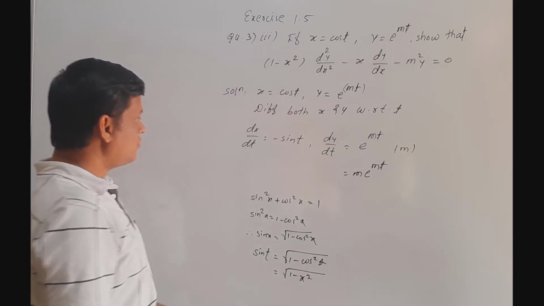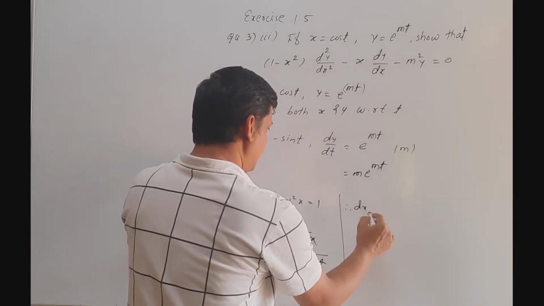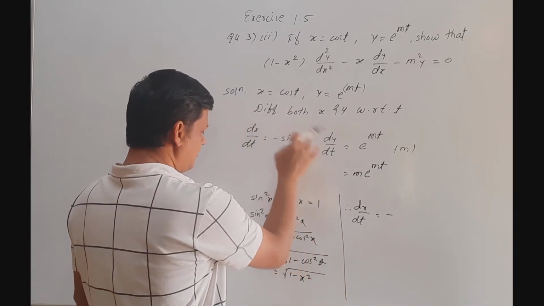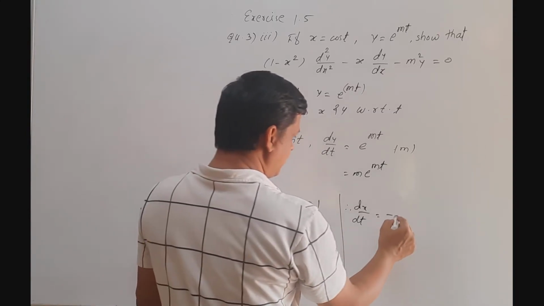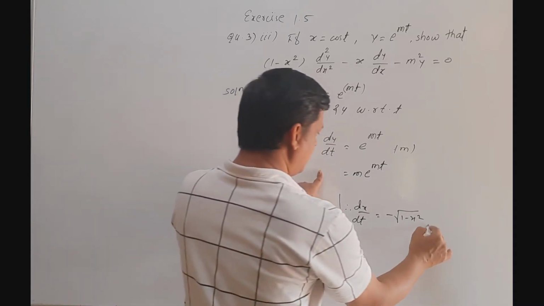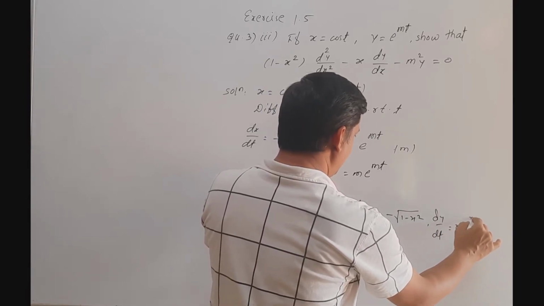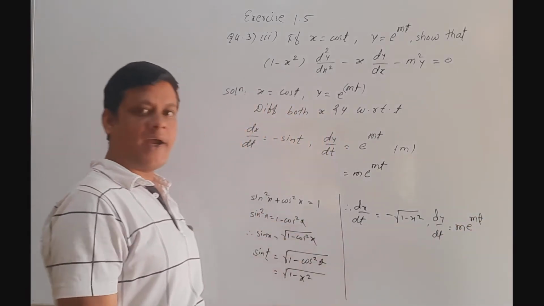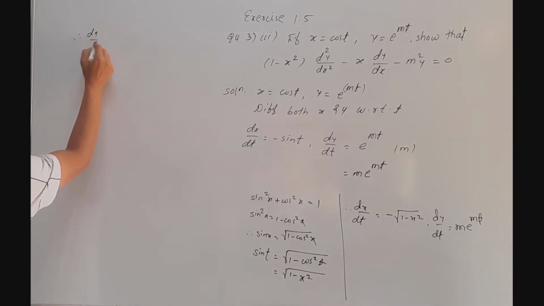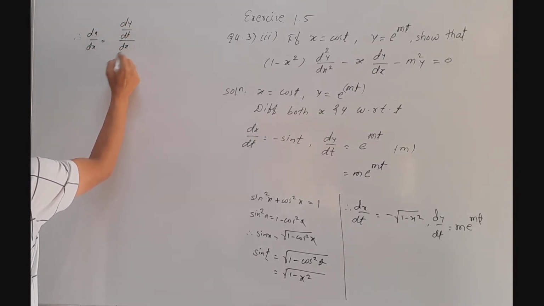So for that we write 1 minus cos square t as 1 minus x square, because cos t is x here. So here we write this dx by dt. Therefore dx by dt is equal to minus, so instead of sin t we write root of 1 minus x square, and we keep dy by dt as it is, that is m e raised to the power mt. Now from this we find dy by dx first. So dy by dx is equal to dy by dt upon dx by dt.